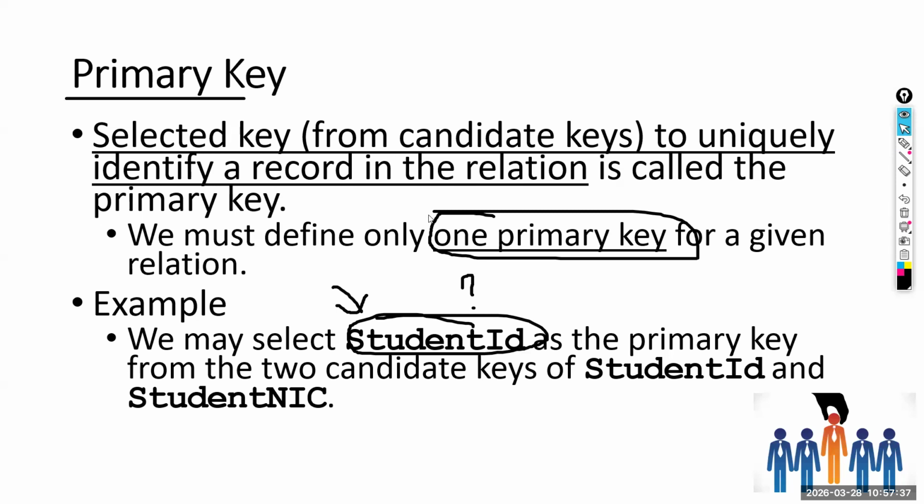Anyone? If I say student ID is a better choice for primary key because both student ID and student NIC are candidate keys, can someone come up with an argument or point that supports me? Or you can challenge me, saying that no, student NIC is the better one. Just use your common sense.